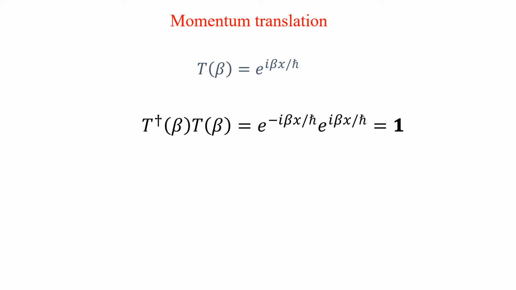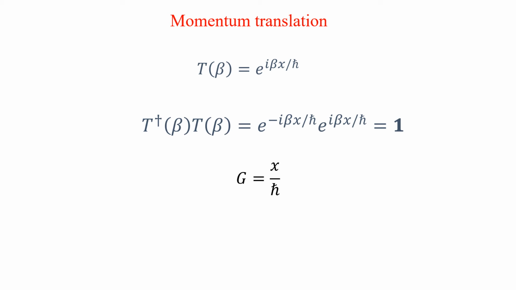So this translation operator is a unitary operator. Here the generator is x by ħ. In the previous case, for position translation, the generating operator was momentum. Here the generating operator is position. So both are canonically conjugate. That is a very important point.